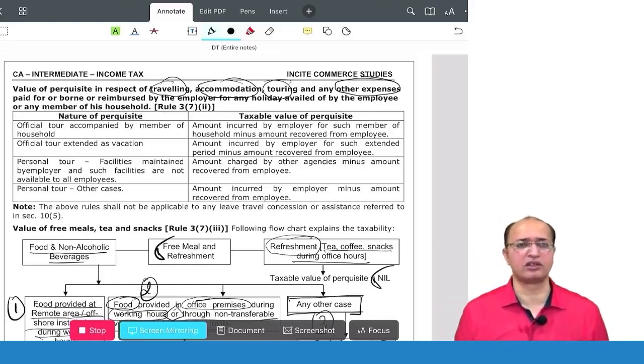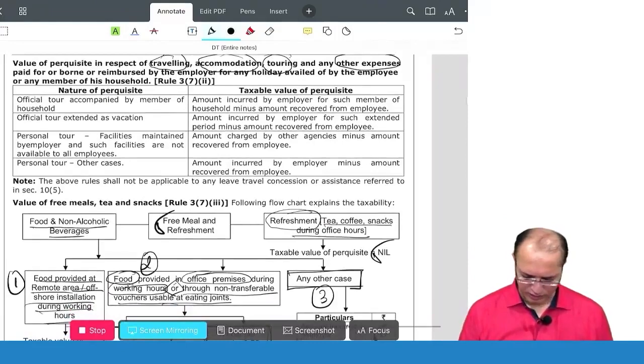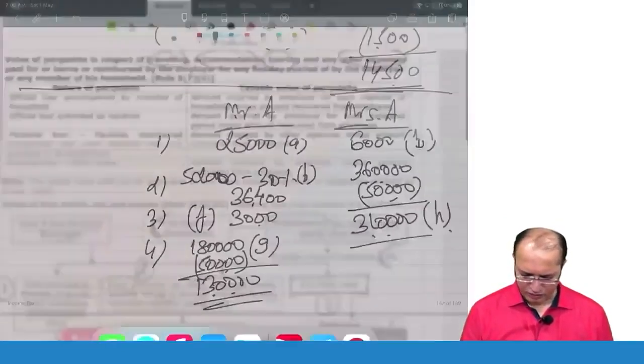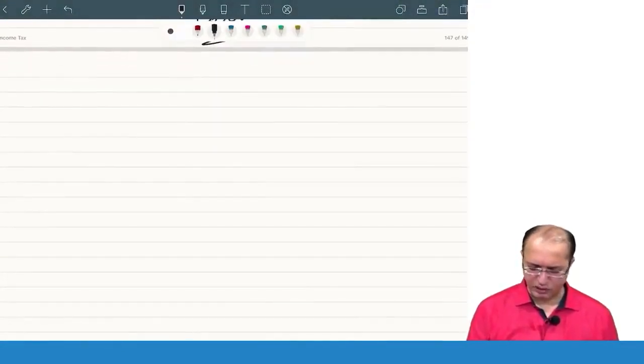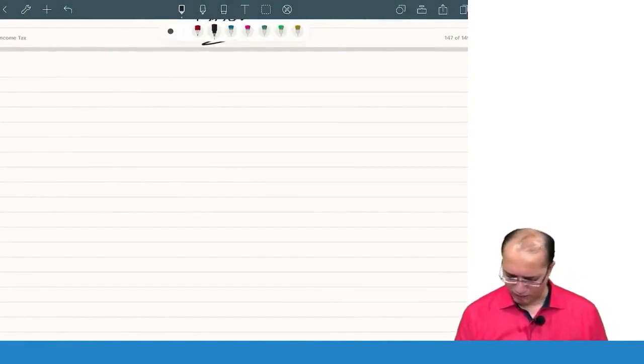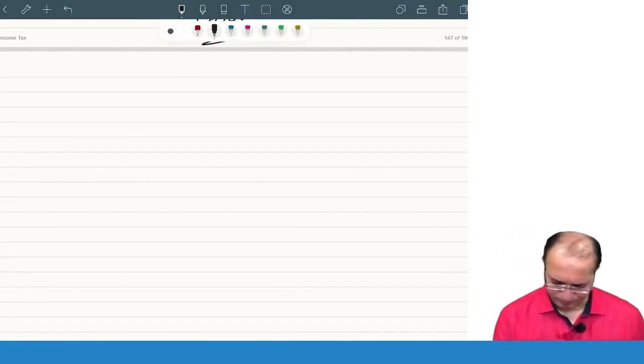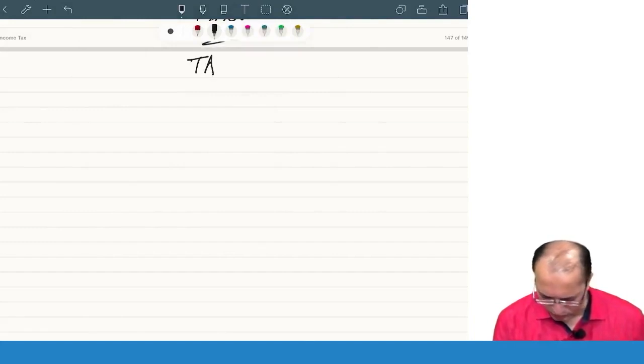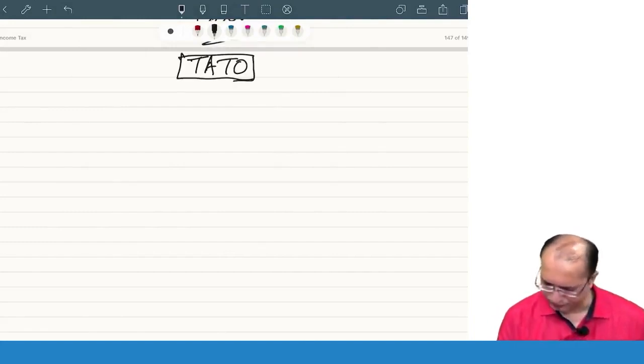Now see, traveling, accommodation, touring, other expenses at the cost of employer. I am writing in shortcut: traveling, accommodation, touring, other expenses.